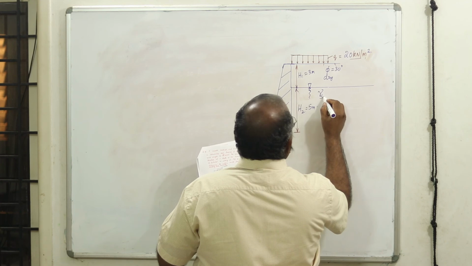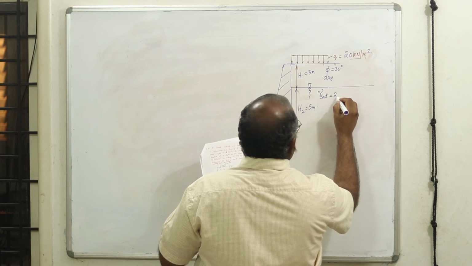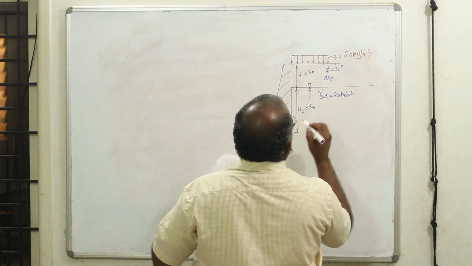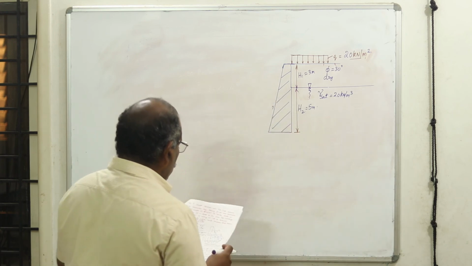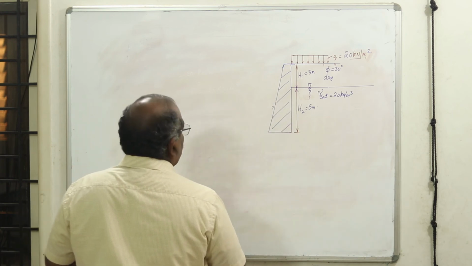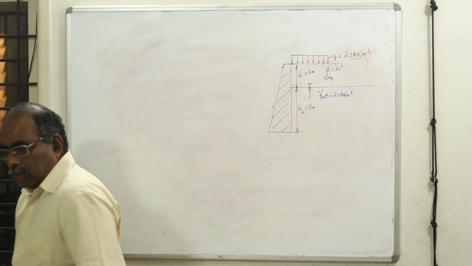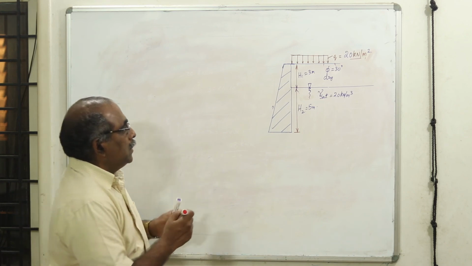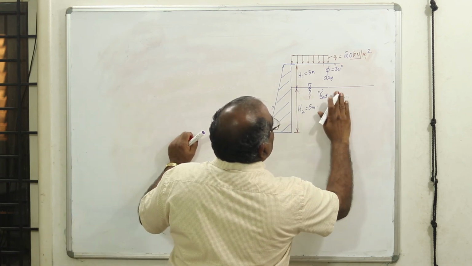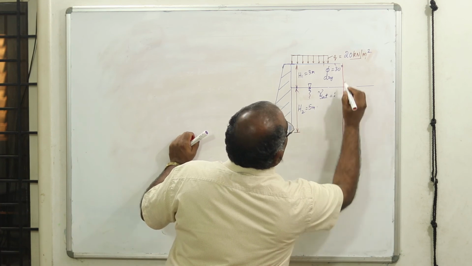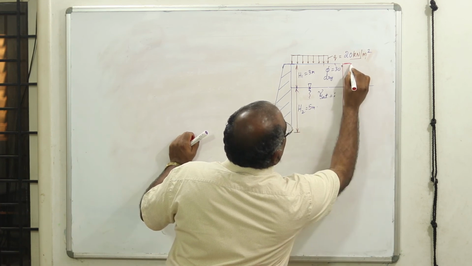Gamma saturated is equal to 20 kilonewton per meter cube. Then how do we proceed with this kind of problem? Students, please follow these guidelines. This is for the uniform surcharge.